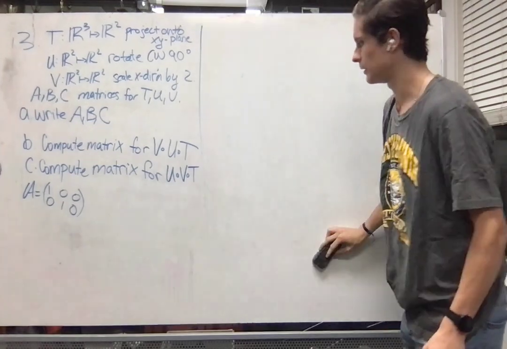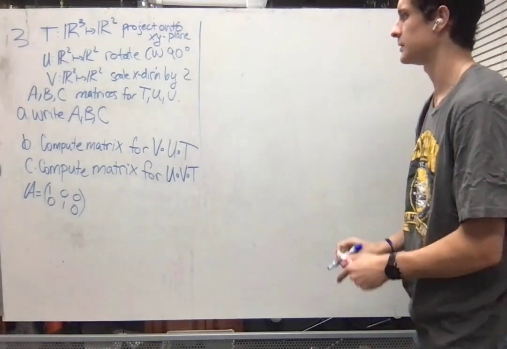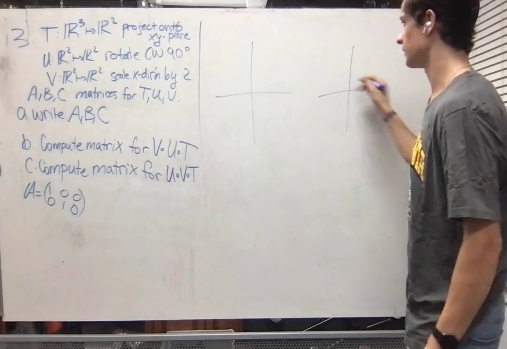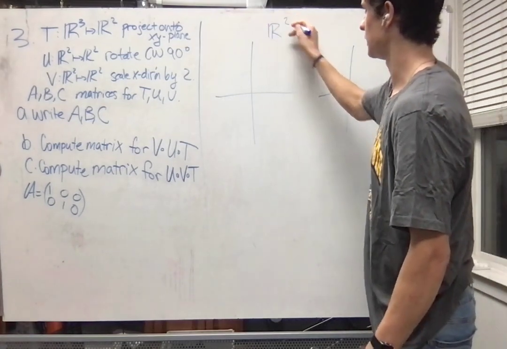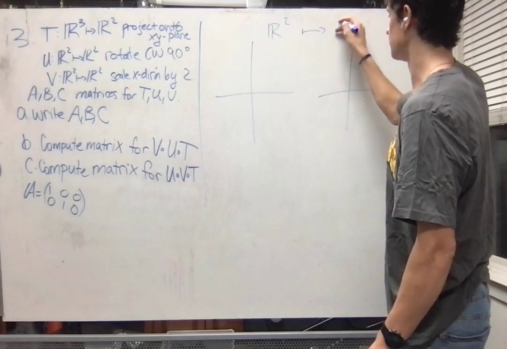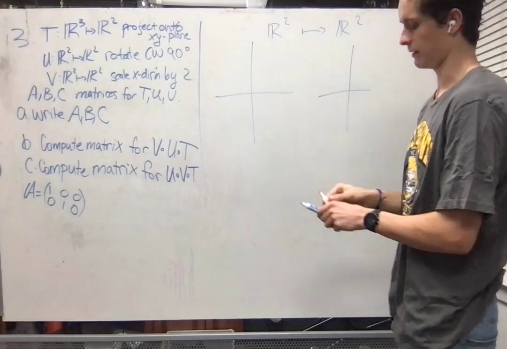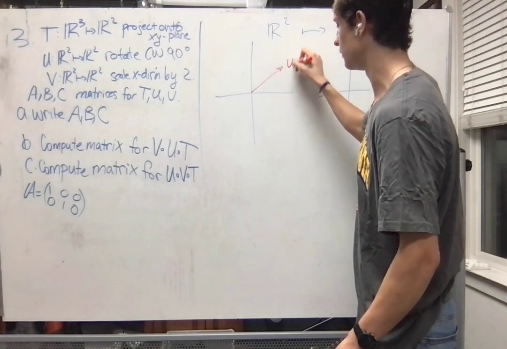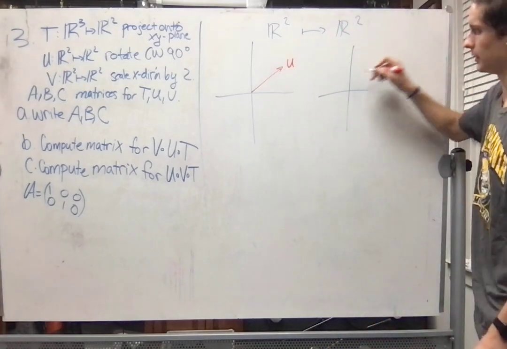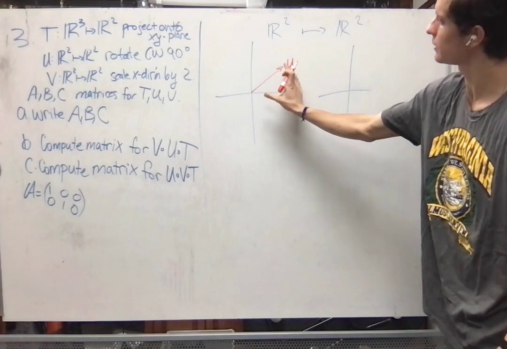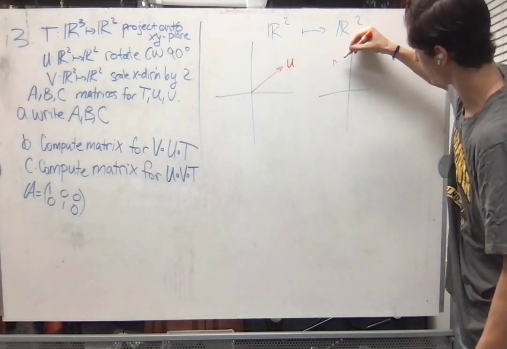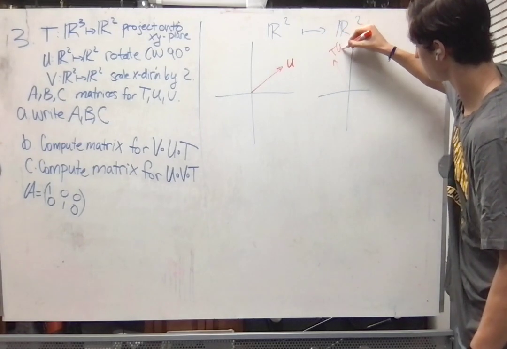So let's do it. So let's picture U. So U takes vectors in R2 and sends them to vectors in R2. So for every vector, its output is going to be the same sort of length, but it's just going to be rotated. So here T of U is probably like over here.